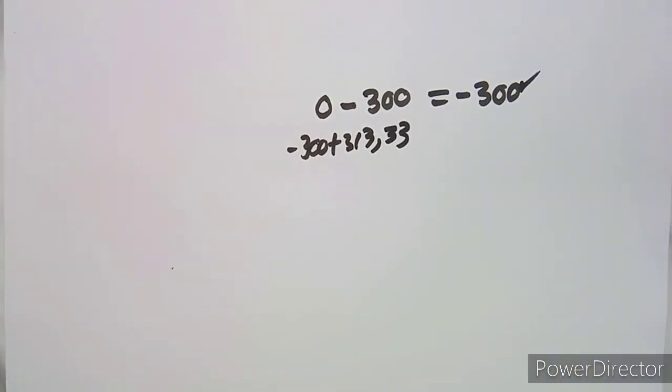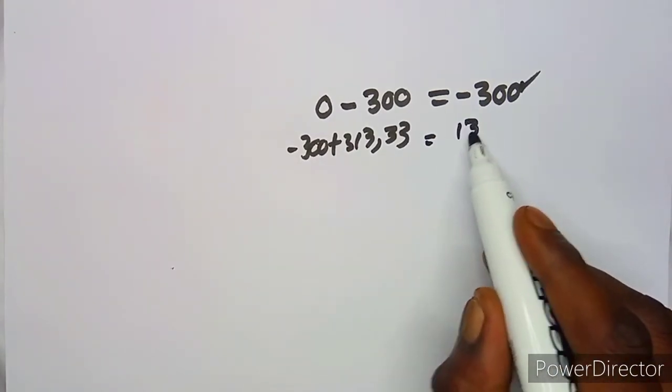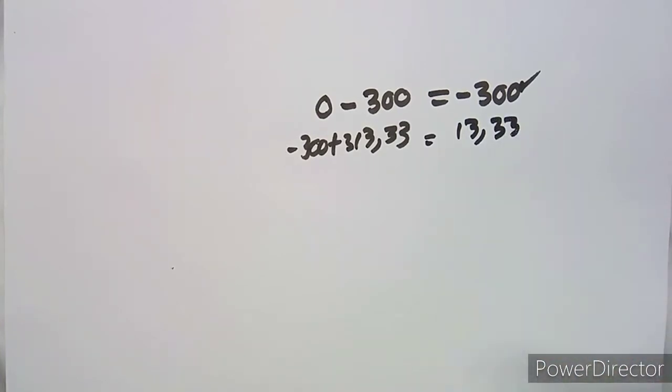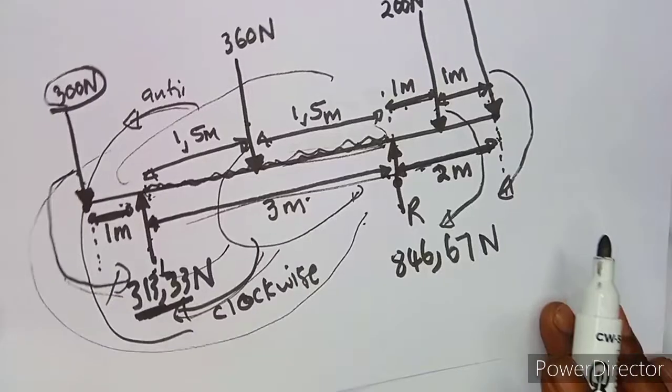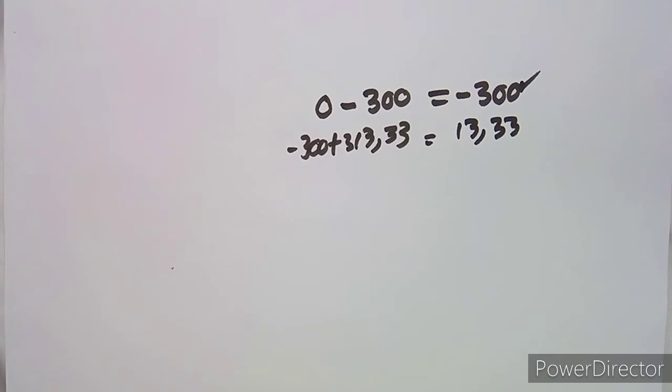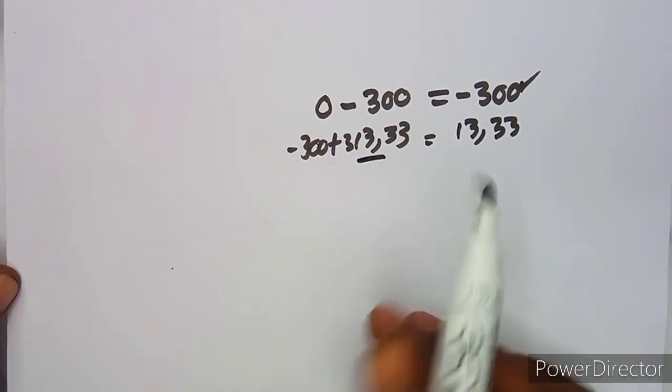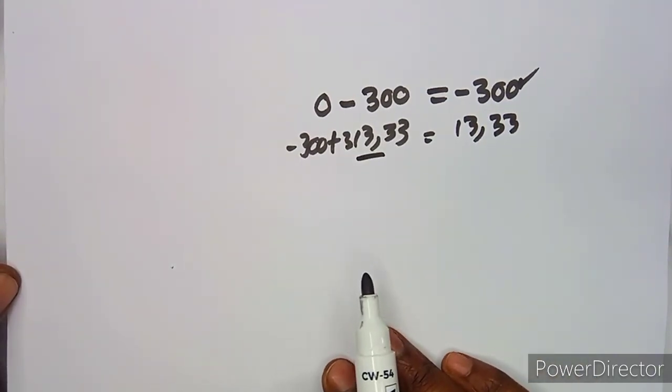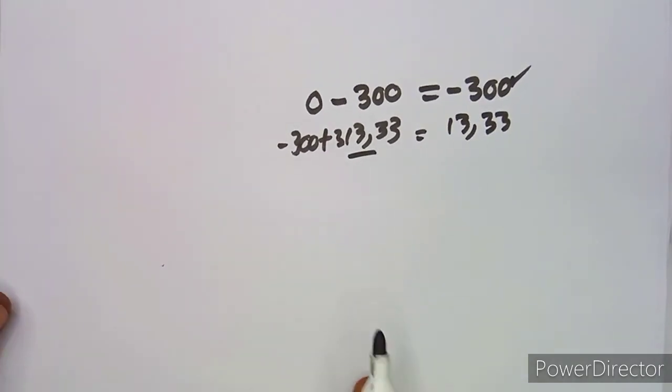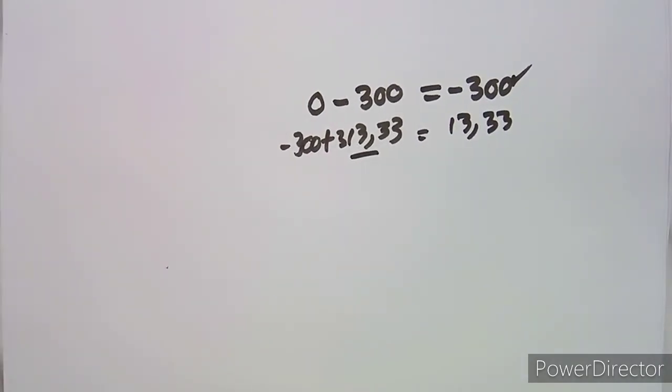You can use your calculator, and you're going to obtain 13,33. So you are now at 13,33, which is positive. This is the support that you have added, so this one is going to go upwards, up to 13,33.